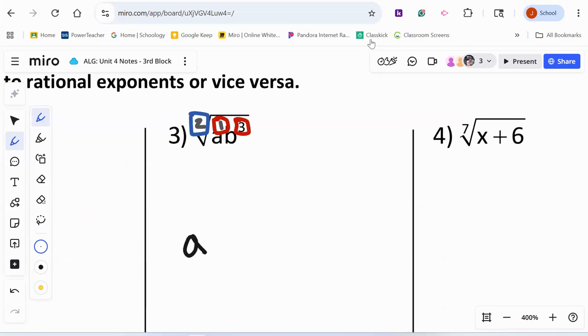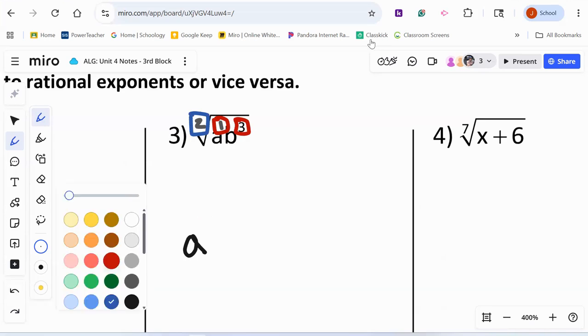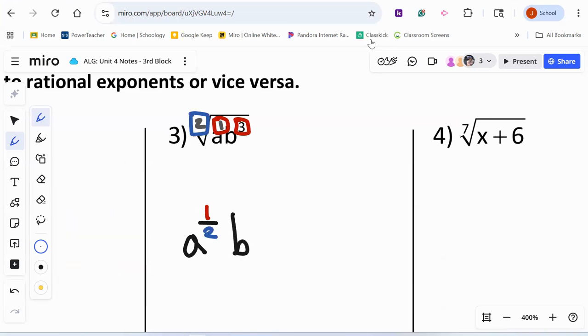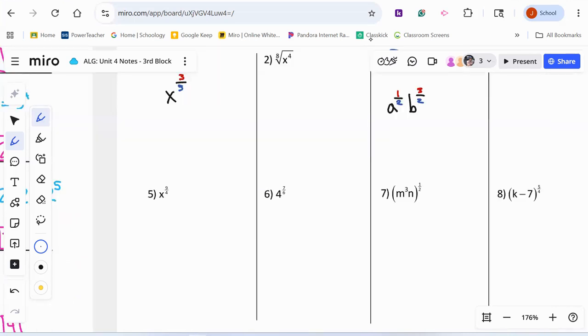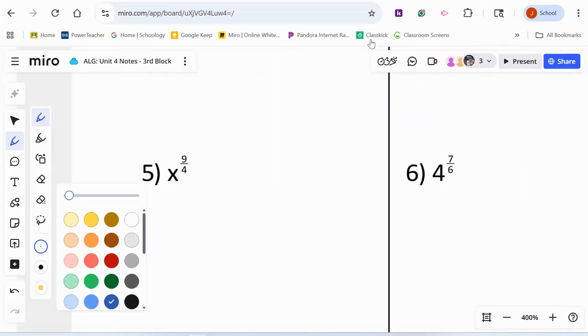So a will change to a to the 1 over 2 power, right? And then times b will get its own fractional exponent there to the 3/2 power, right? And that's literally what you're doing. Flipping the other way around, right? Just to show you this example here.